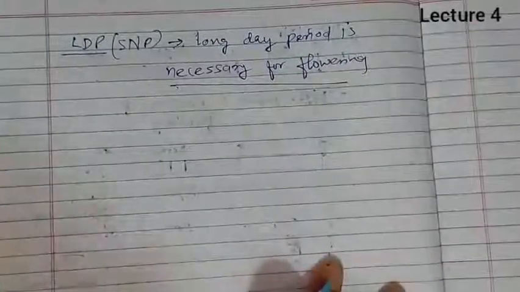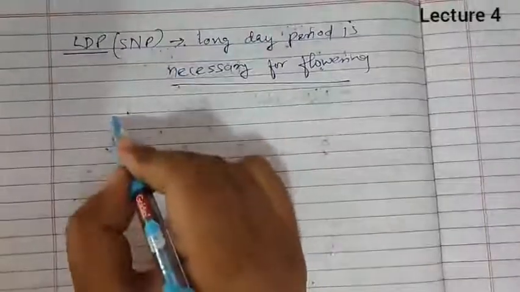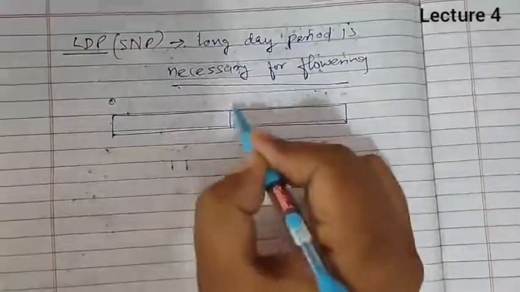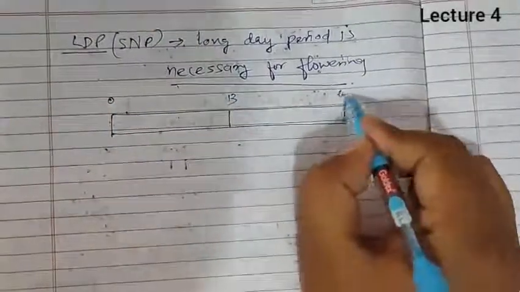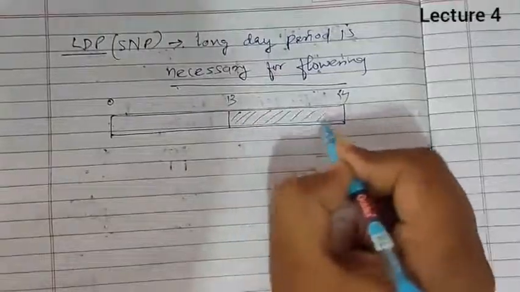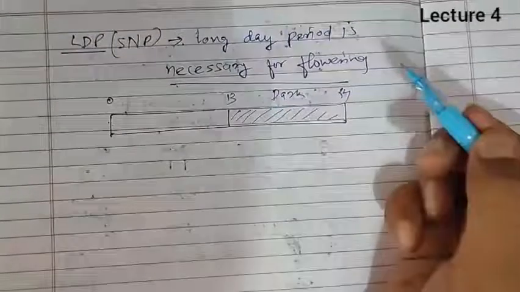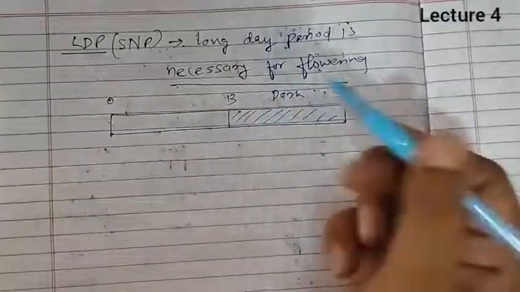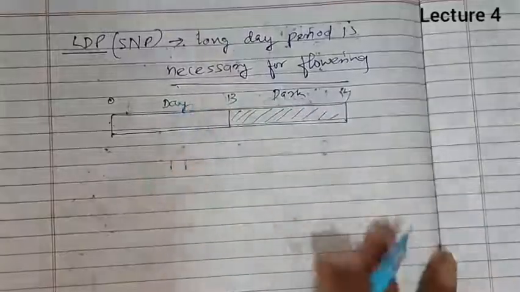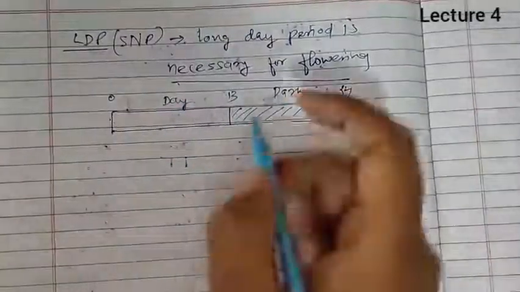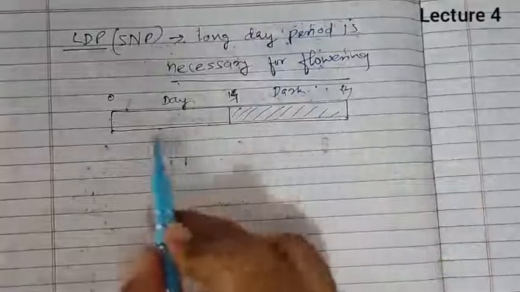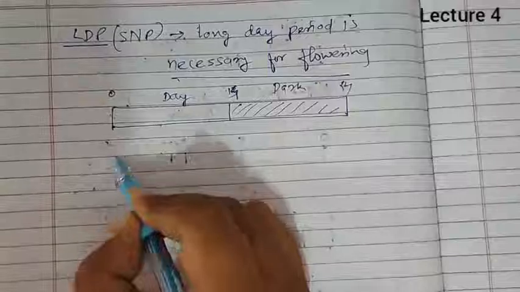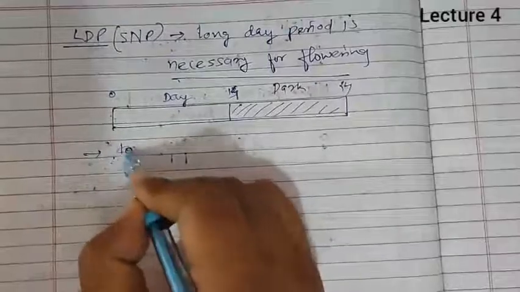In this, suppose 0 to 14 hours is the day period and 14 to 24 is the dark period. So 14 hours of day period is there, a long day period. So in this long day plant, a long day period is necessary.